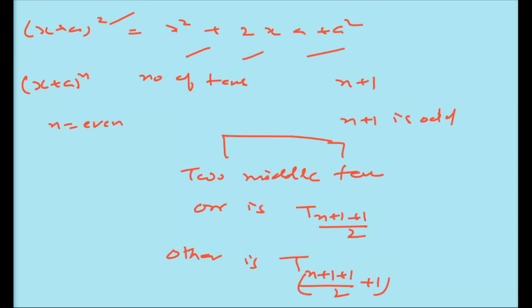Now student, we should revise here. If n is even, then n plus 1 is odd. Then if it is odd, there is only one middle term.